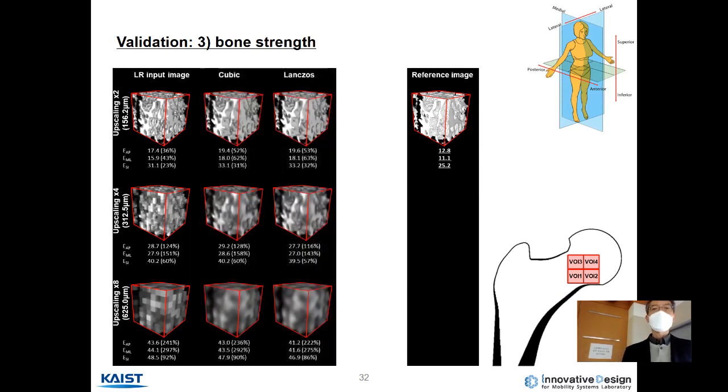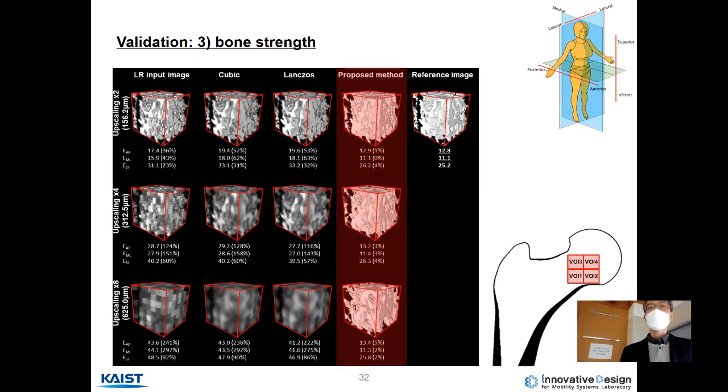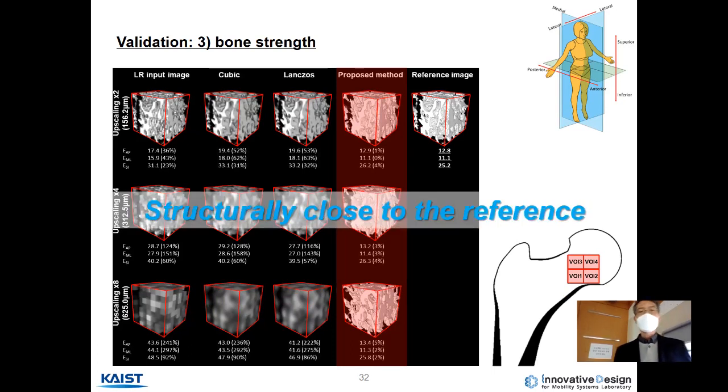When you use an interpolation-based scheme, it also has very unacceptably high errors. But interesting is that when you use our method, it provides maximum 5%. So based on this quantitative result, we can conclude we obtain structures very close to the reference structures.